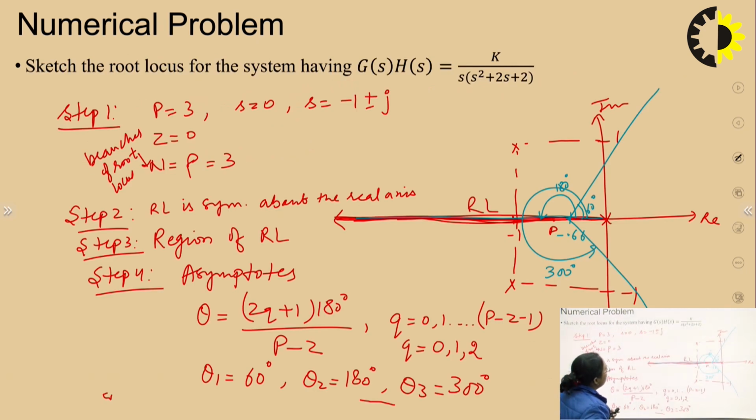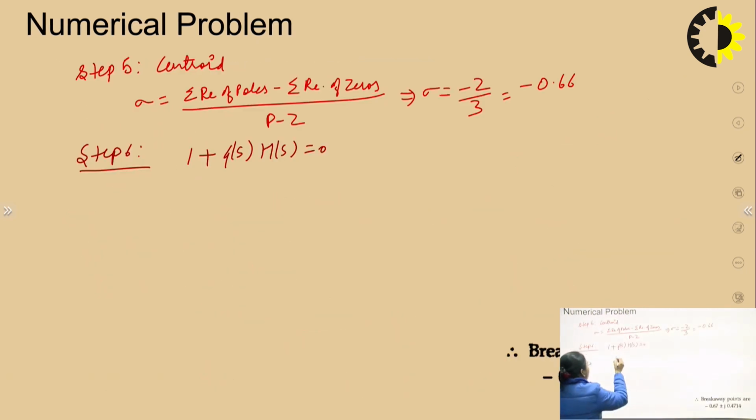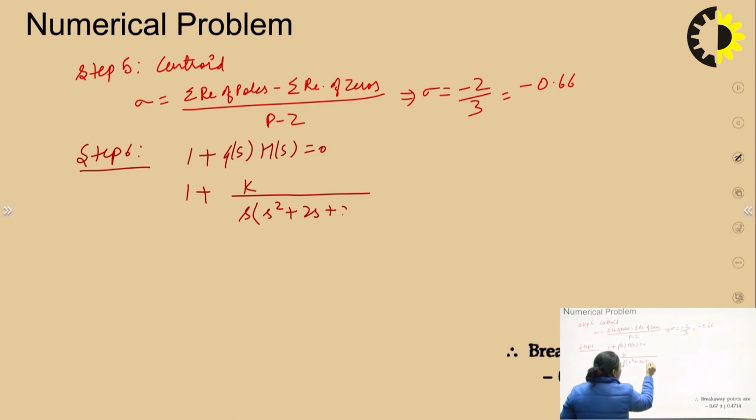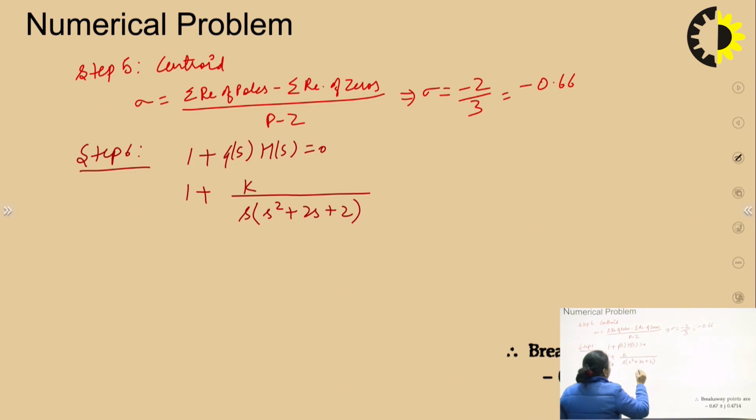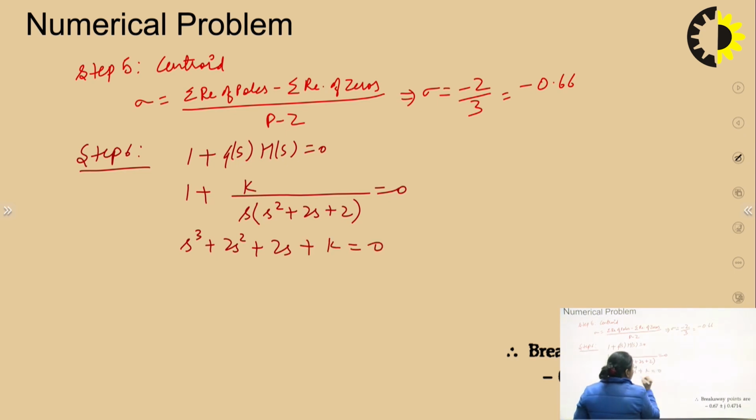K upon s into s square plus 2s plus 2. Am I right? 2s plus 2. Equals 0. So from here we get s cube plus 2s square plus 2s plus K equals 0.